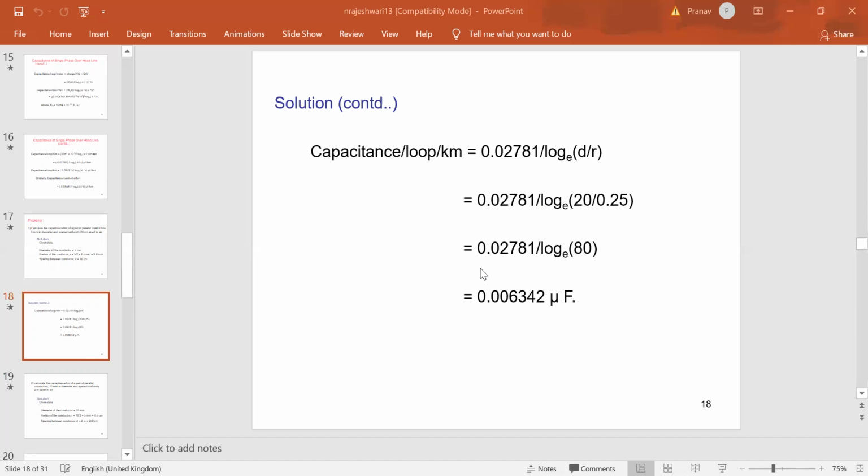So finally, 0.02781 divided by log of 80. By calculating this, we get 0.00642 microfarads as the capacitance per loop per kilometer.